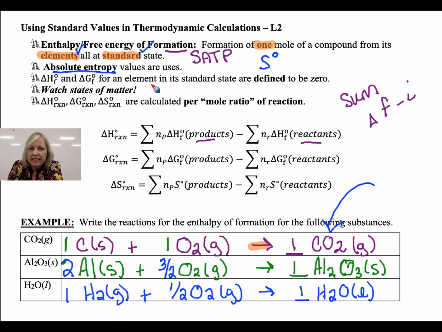Now the next thing is if I'm forming an element in its natural state, for the delta G and the delta H, those are 0. That is not true for S naught. So the S naught for elements is not equal to 0. The only time we really have an entropy of 0 is when we have a perfect crystal at absolute 0. Its positional entropy or absolute entropy would be 0.